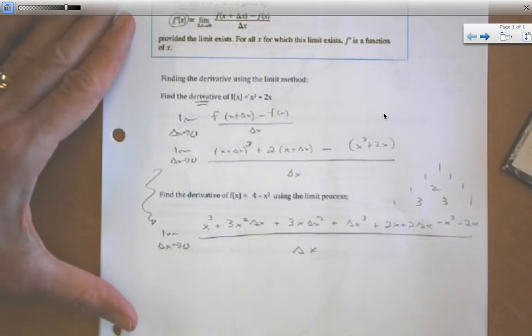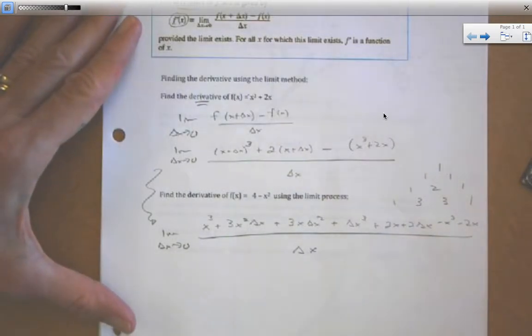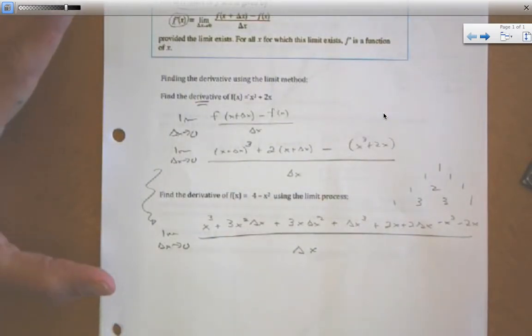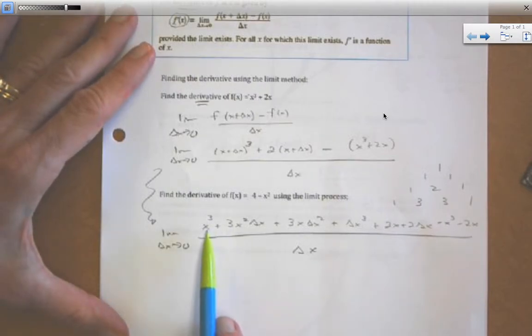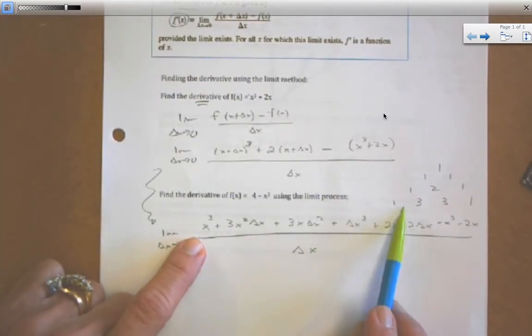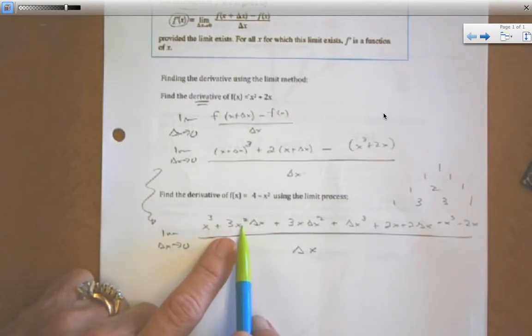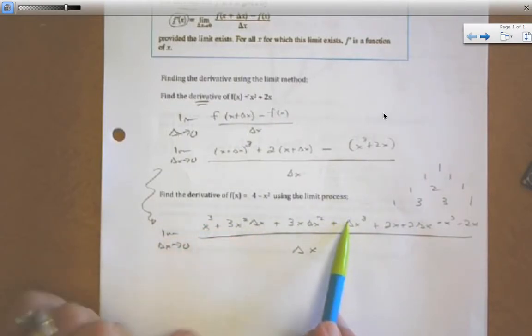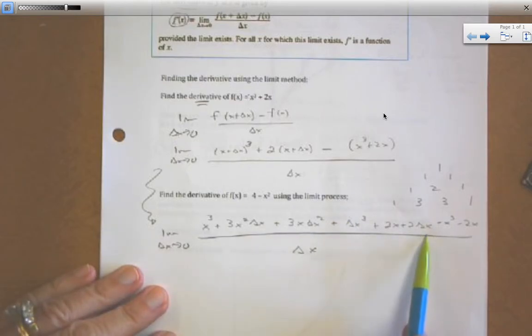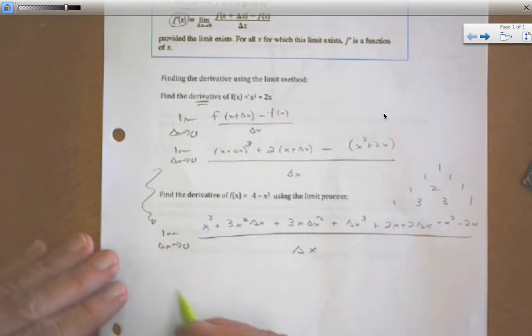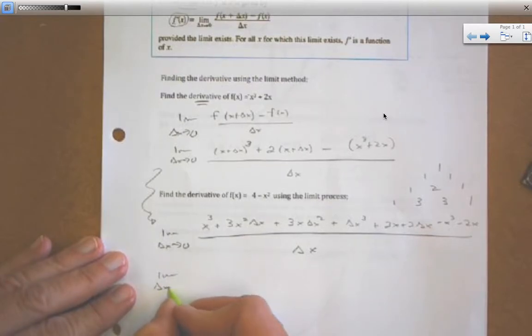All right, I'm just checking my algebra, making sure I expanded everything correctly. So x cubed, 3, my exponents for x go down, my exponents for delta x go up, and 2x plus 2 delta x minus x cubed minus 2x. All right, everything looks good. Limit as delta x goes to 0.